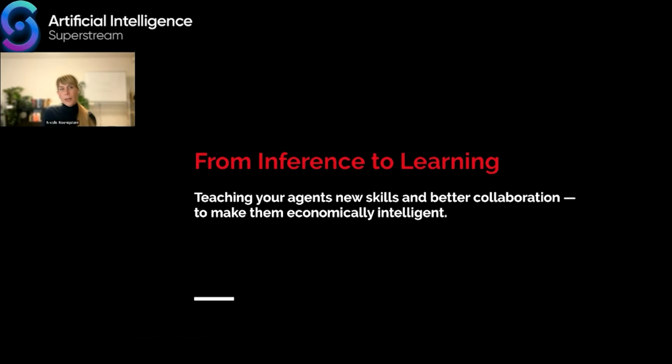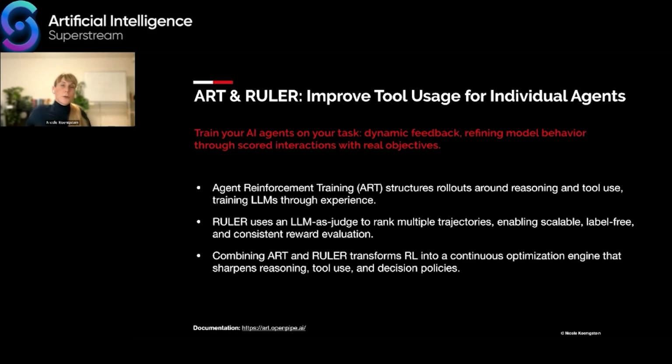So now let me go from inference to learning. There's a way of teaching your agents new skills and also better collaboration. And this makes them economically intelligent for your system. So there are two frameworks, one is ART and one is RULER.